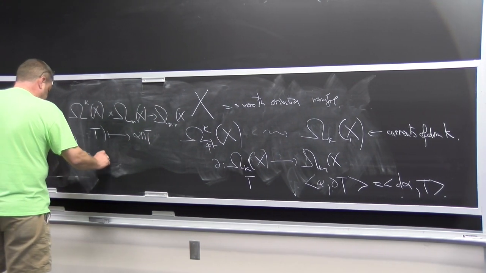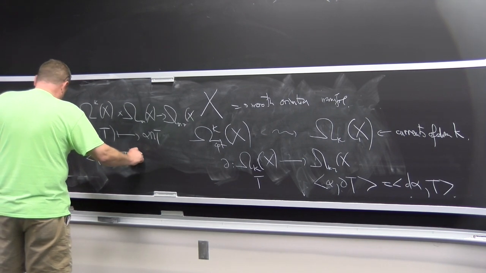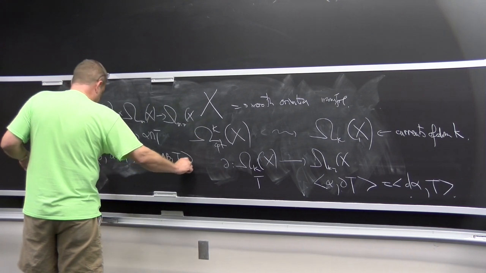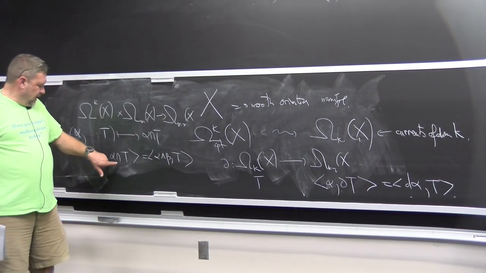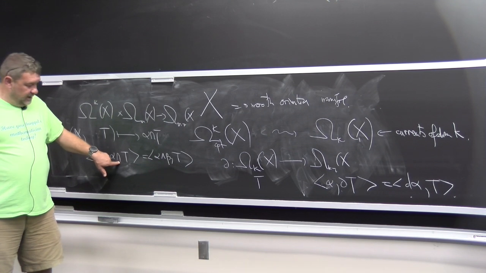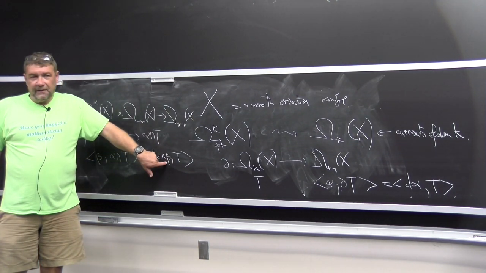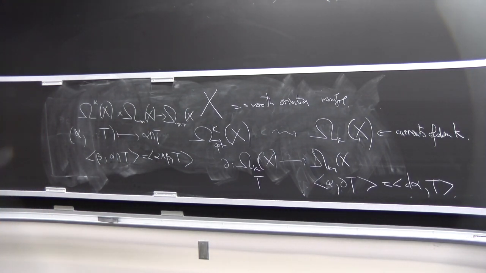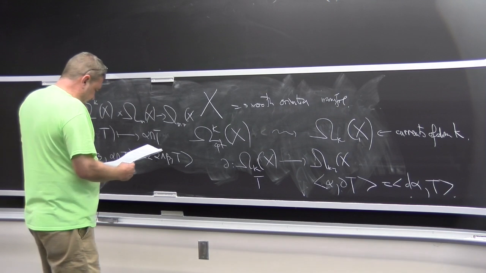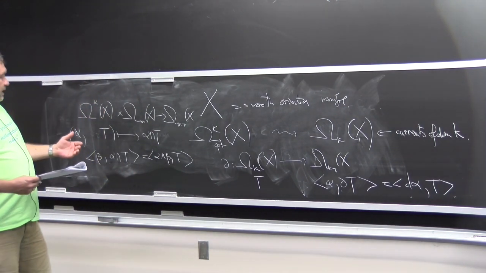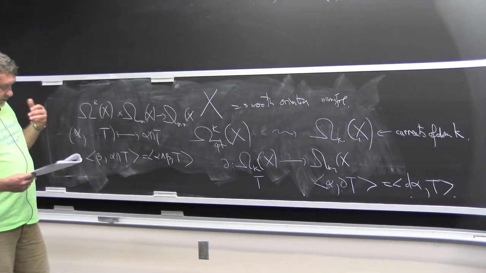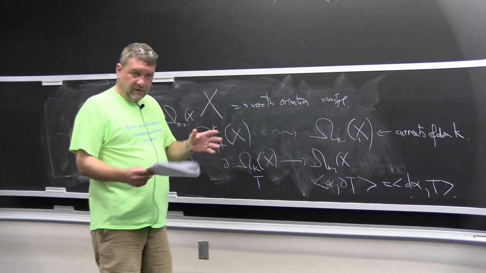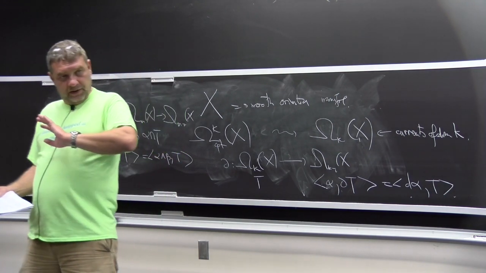Define beta of alpha cap T equals alpha wedge beta of T. So if you like, the operation alpha cap is the dual of the operation alpha wedge. Okay, in this order. Good. And a smooth proper map or C1 map between manifolds induces a pushforward on the space of currents.